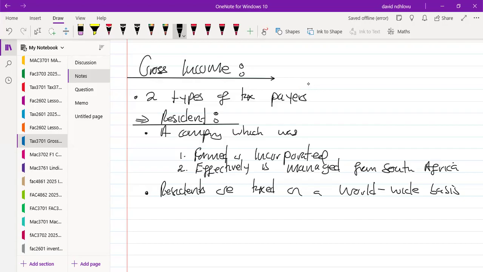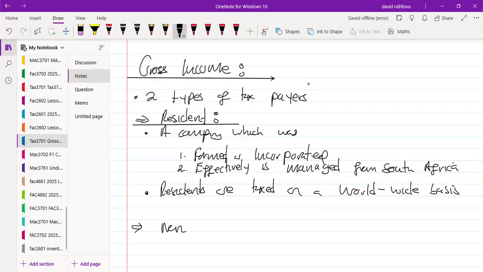Then, in return, the citizens of Britain, if they come to South Africa and work in South Africa, Britain is not taxing them. South Africa will tax them. So that's a double tax relief agreement, which prevents the same amount of money from being taxed by two countries. But there has to be an agreement between the two countries to that effect. If there is no agreement, you simply pay on a worldwide basis if you are a resident of South Africa. Are we clear, good people?